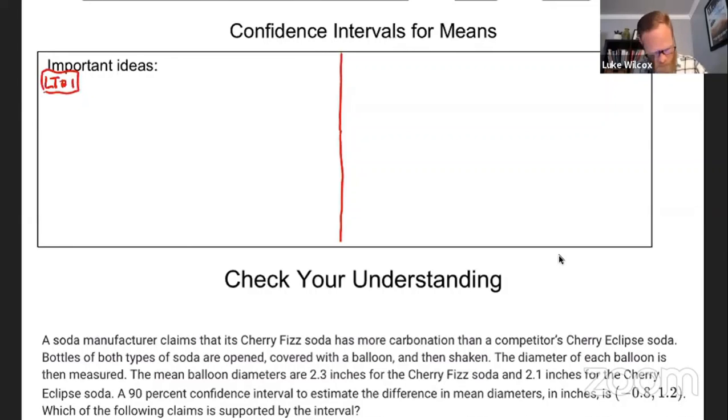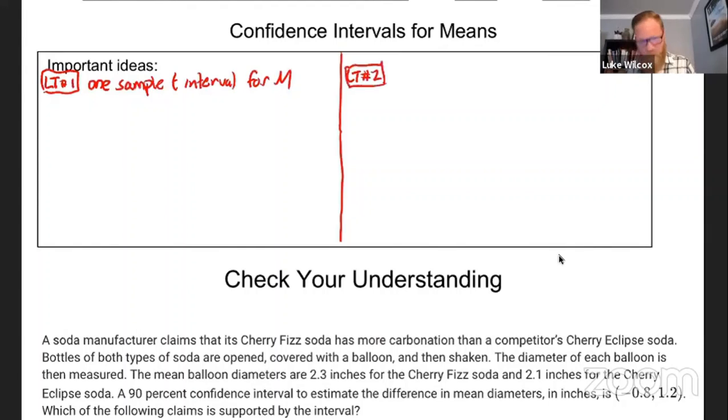So that was a 1 sample T interval for mu, a single mean. Learning target number 2, we had 2 samples, and we were trying to find a 2 sample T interval for the difference of means, which is mu1 minus mu2.